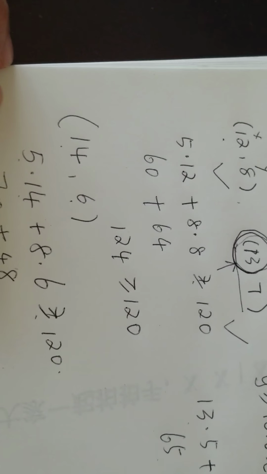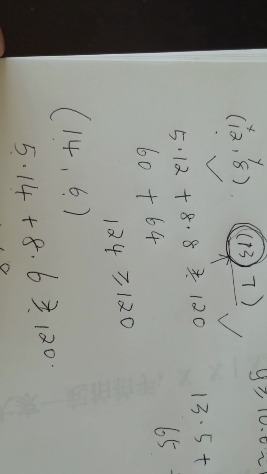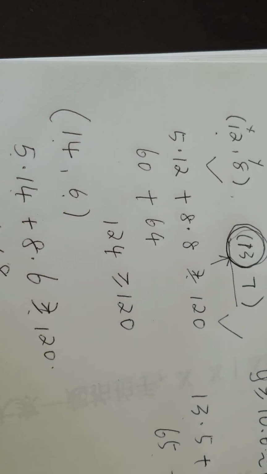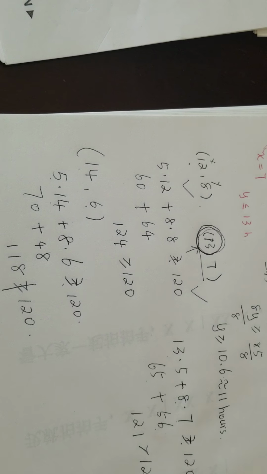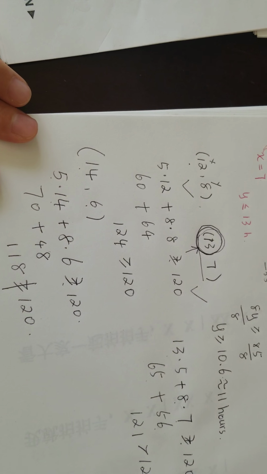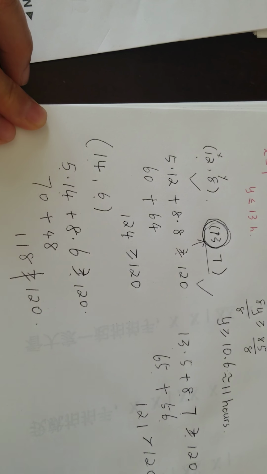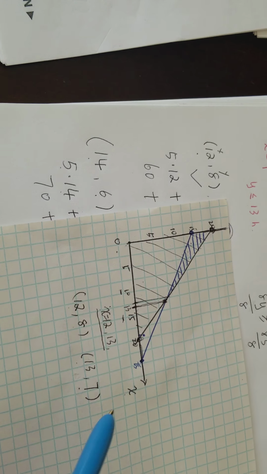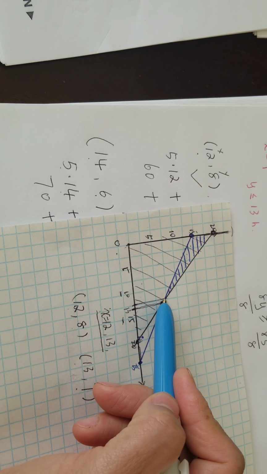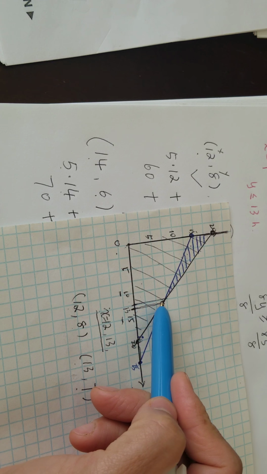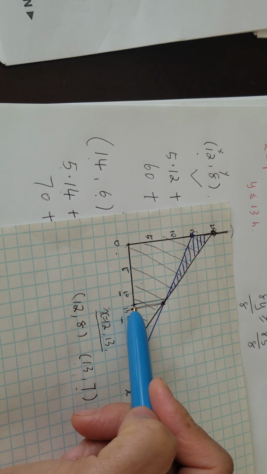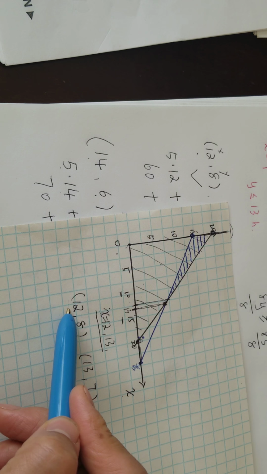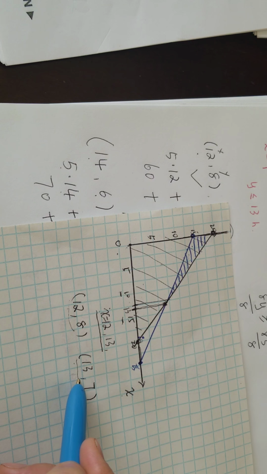Let me make a little summary for part D. Part D asks what will be the maximum hours Leah can work as a babysitter. Observing the graph, we guess it is probably 12 hours or 13 hours. Then we made 2 guessing points.